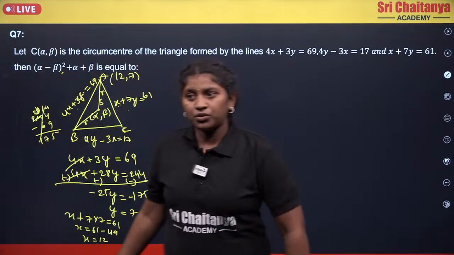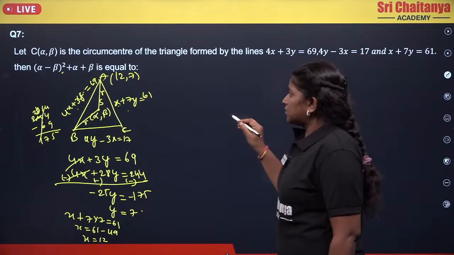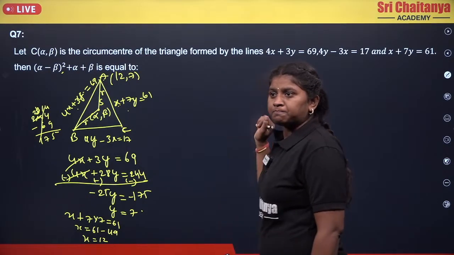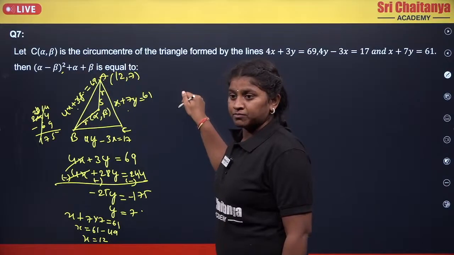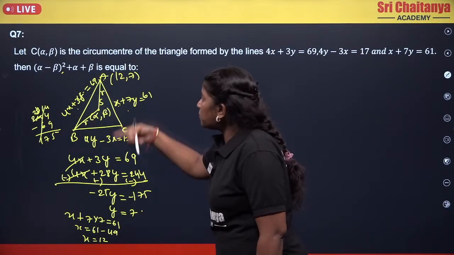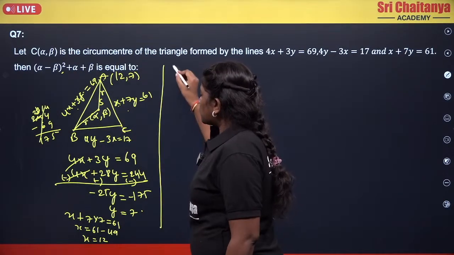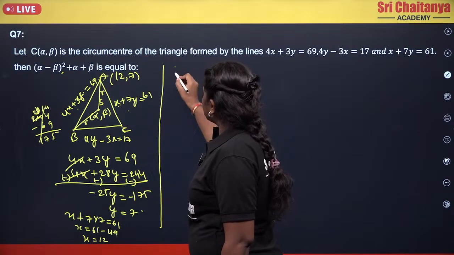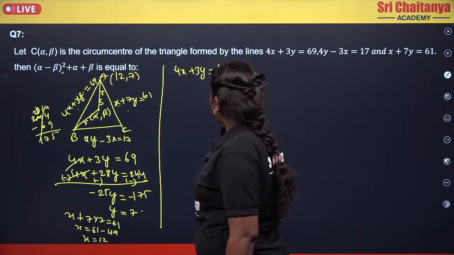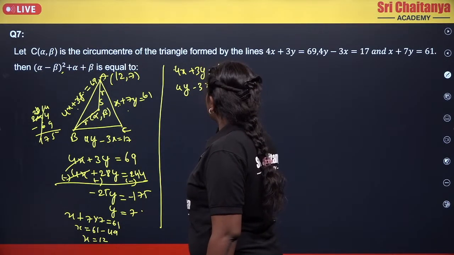So we got the point A, which is nothing but 12 comma 7. Now coming to B, we are having 4x plus 3y equals 69, and next we have 4y minus 3x equals 17.